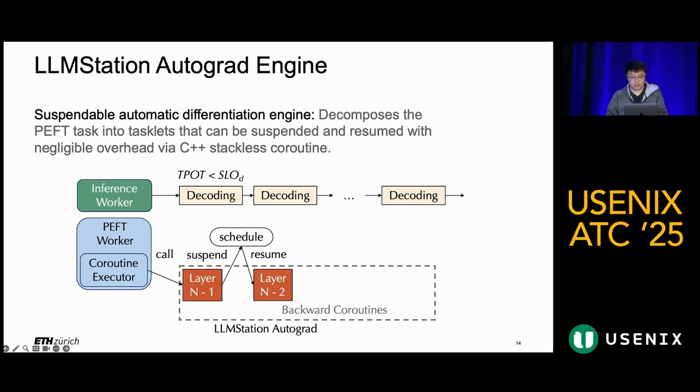When a new backward pass task is created, LLMStation starts to execute it in a coroutine. According to the workload, the LLMStation scheduler uses the planner to estimate how many layers of the backward pass could be executed together without violating SLOs. So decoding will meet the SLO requirement.